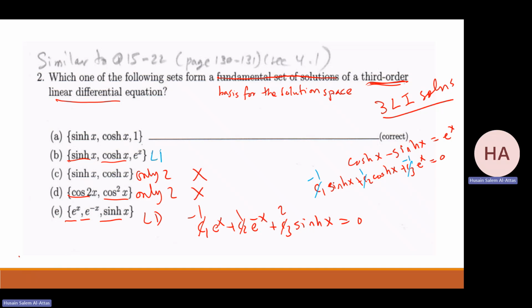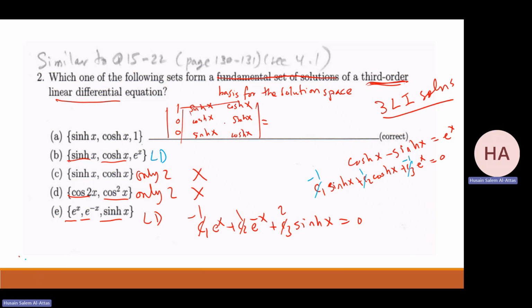These are linearly independent. This one will be for sure independent. You can do the Wronskian. Let me start with 1, 0, 0, then sine hyperbolic, that will be cosine hyperbolic, that will be sine hyperbolic. Cosine hyperbolic, that will be sine hyperbolic, that will be cosine hyperbolic.